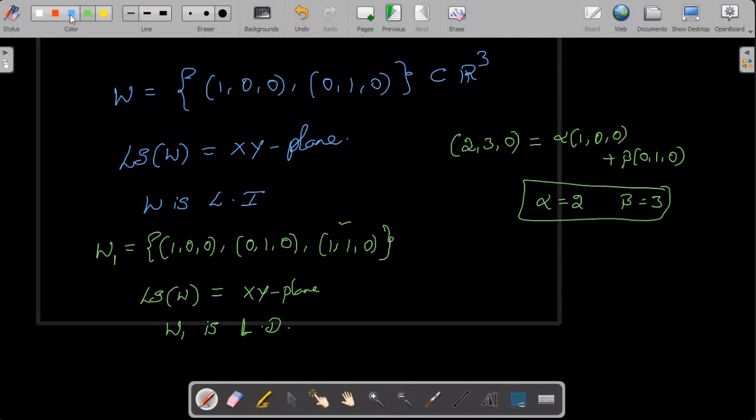For example, let me take this, that is (2, 3, 0), same element. So one possible combination is alpha into (1, 0, 0) plus beta into (0, 1, 0) plus gamma into (1, 1, 0).